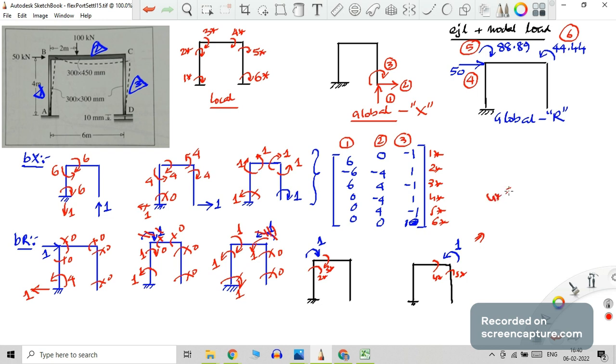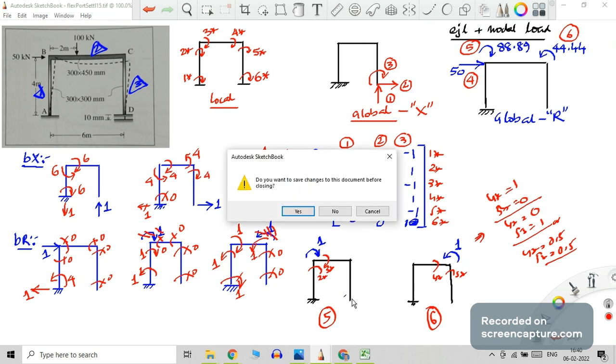Shall I take 4 star equal to 1, 5 star equal to 0, or 4 star equal to 0, 5 star equal to 1, or 4 star equal to 0.5, 5 star equal to 0.5, or some other combination? That is the case for column number 6 as well as column number 5, so I would like to explain because some of you have that doubt.